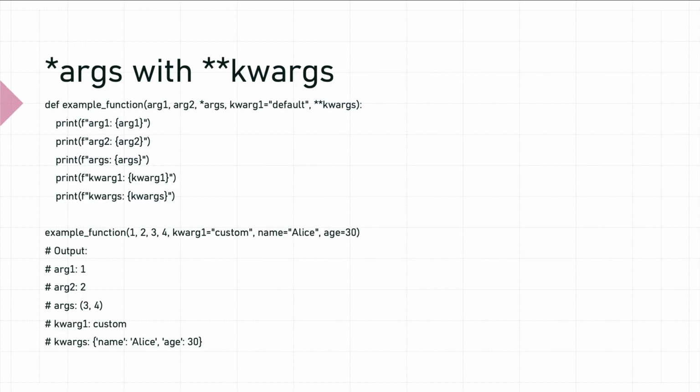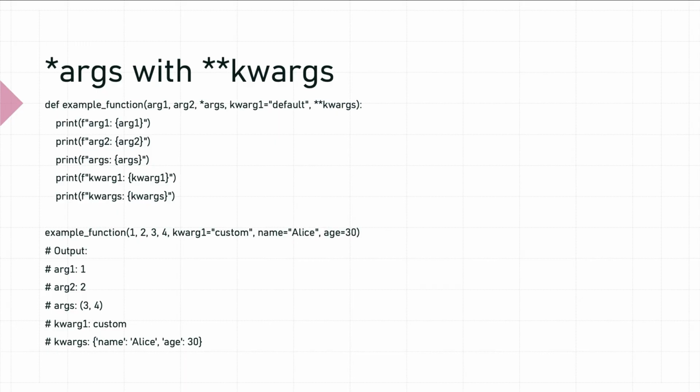Then we have *args, which collects additional positional arguments of an unknown count. Then we have kwarg1, which is a default keyword argument. And finally we have **kwargs, which collects extra keyword arguments, also of an unknown number of items.